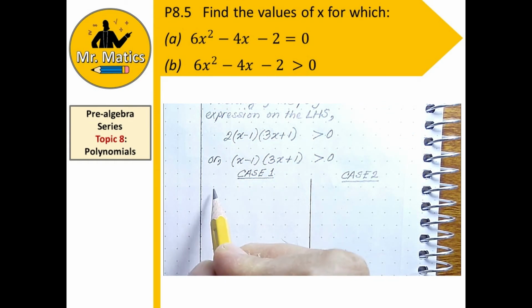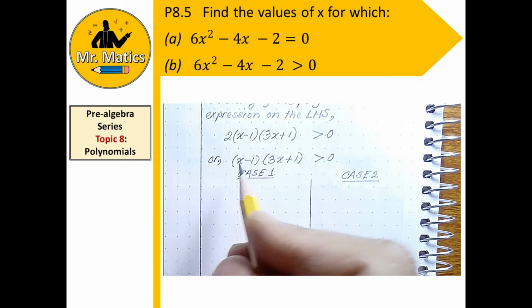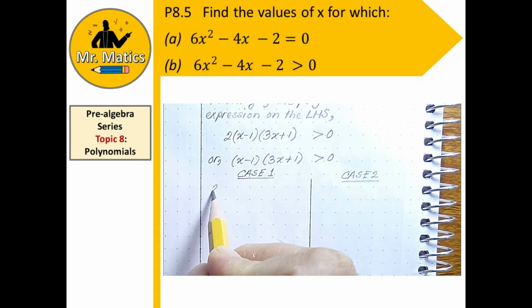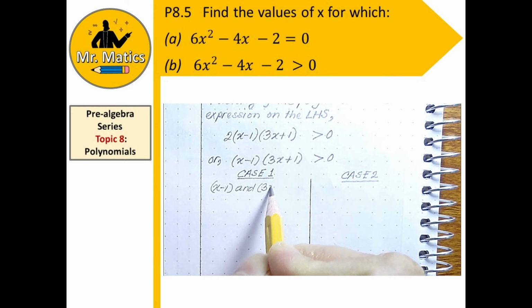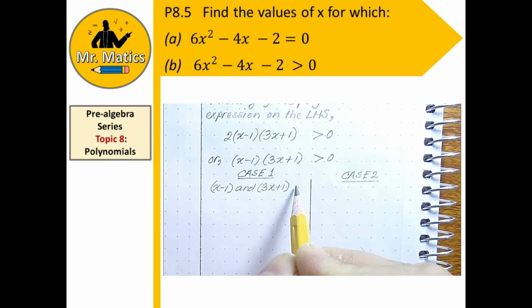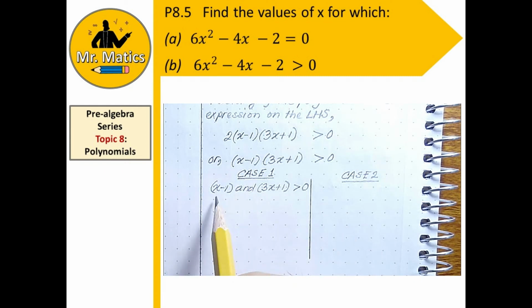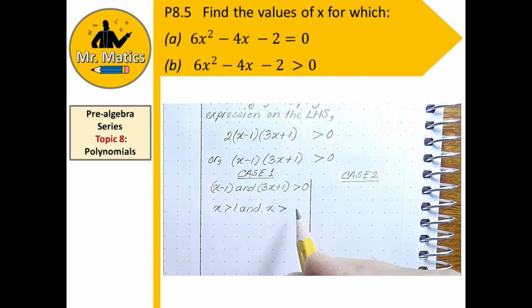So case 1 is when both factors are positive, x minus 1 and 3x plus 1 both are positive. So from the first one we get x minus 1 greater than 0 gives you x greater than 1, and x greater than minus 1/3 from this factor.